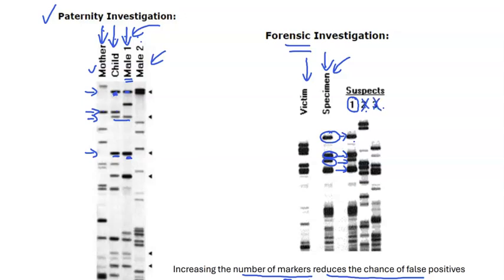And so once more, we have a large number of markers indicating that suspect 1 DNA matches the specimen, suggesting that suspect 1 left DNA at the crime site.